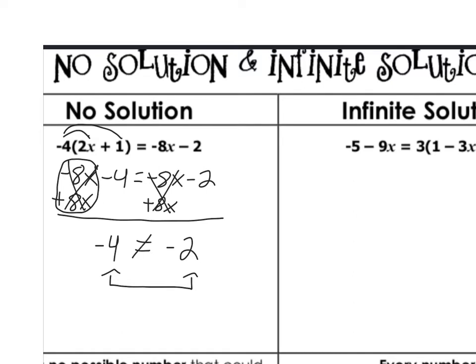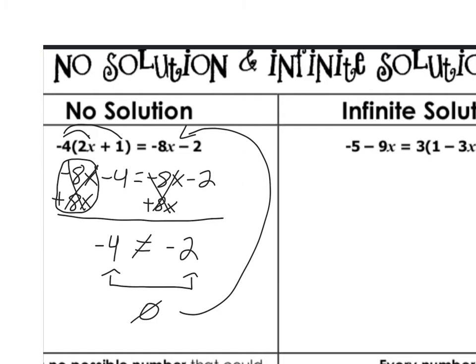So when you get an equation where the variables cancel out and you're left with just two constants, all you need to see is whether the two constants are equal to each other. If they are not equal, we'd say that this equation has no solution. There is no possible value that we could plug in for x that would make these two sides equal. And that's what I mean by no solution.